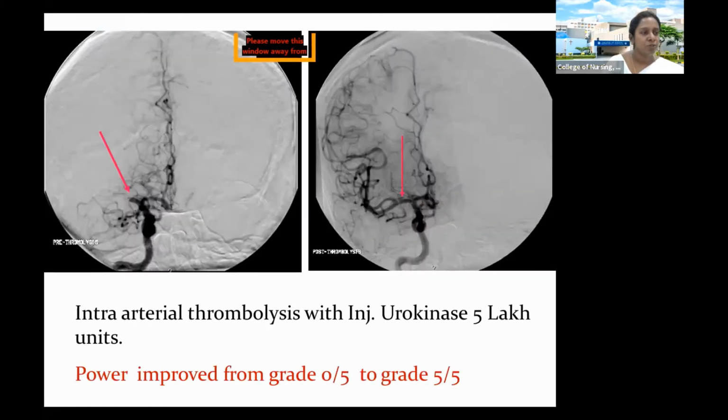This is a scan image of a patient who had an intra-arterial thrombolysis. In the first image you can see there is no perfusion beyond the clot, and while they were administering the intra-arterial thrombolysis, you can see how the reperfusion has started.